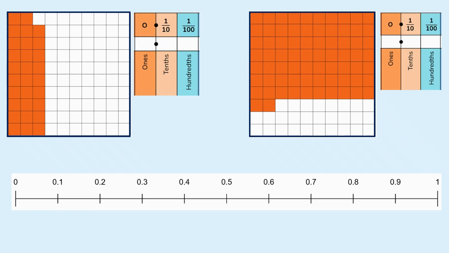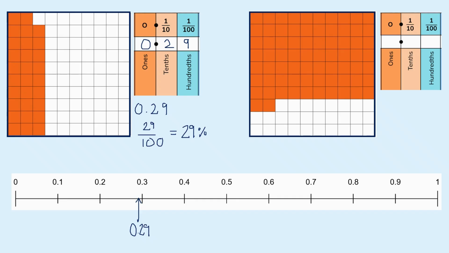Okay, so we'll go through the answers now. So the first grid, we've got no full grids shaded. We've got 2/10 and 9/100. So that's 0.29, 29 out of 100, and 29%. And we would represent that number just around here on the number line, 0.29.